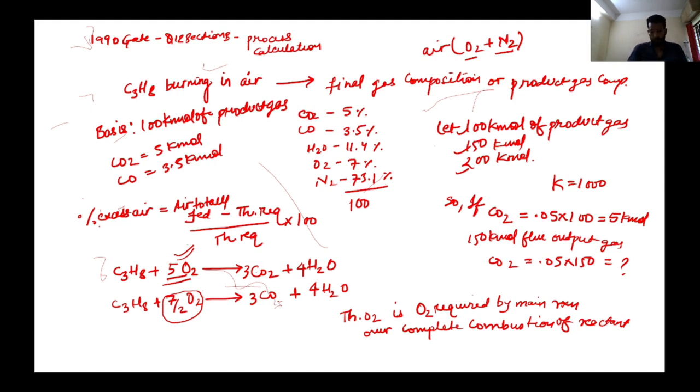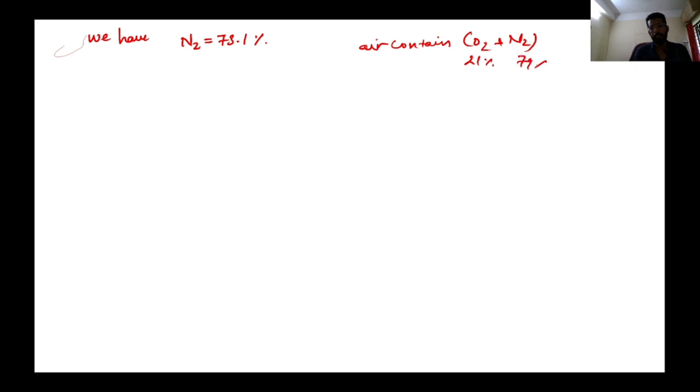Now we have N2 equal to 73.1%, and we know that air contains O2 plus N2 in 21% and 79% percentage.